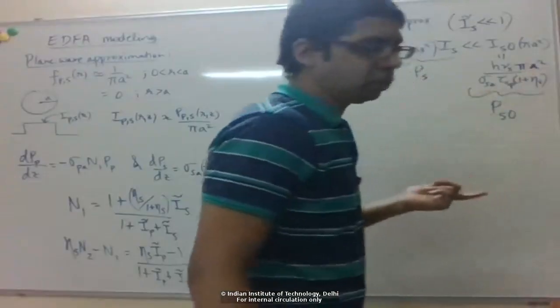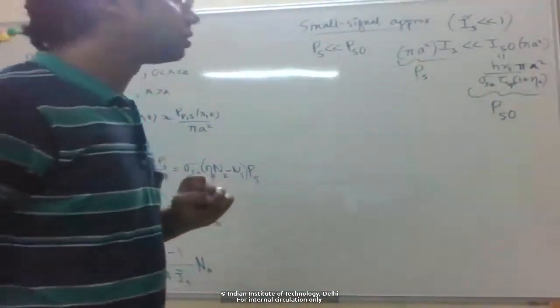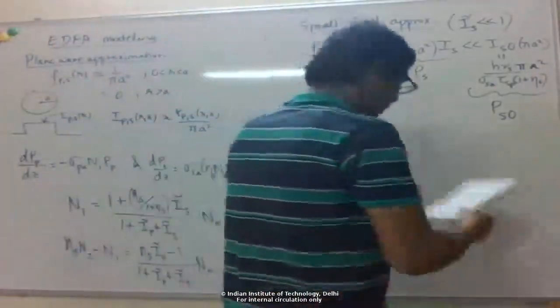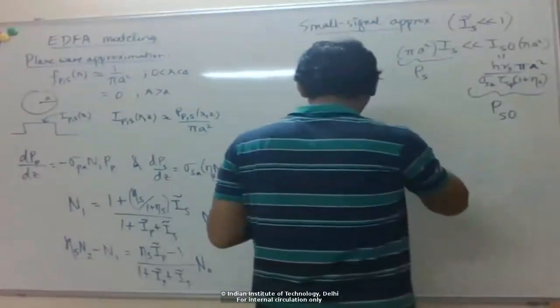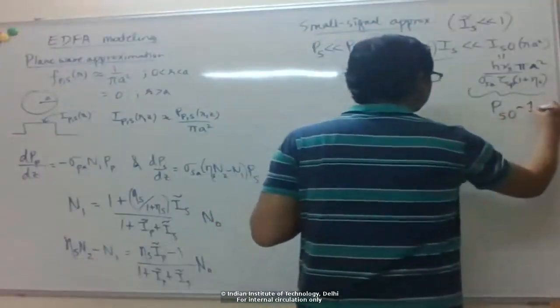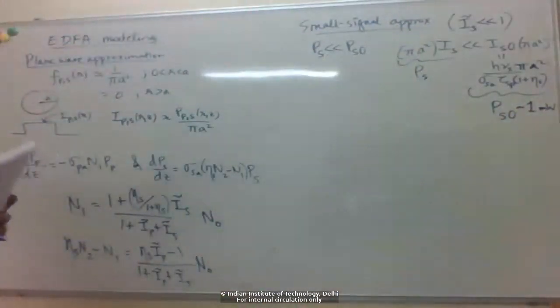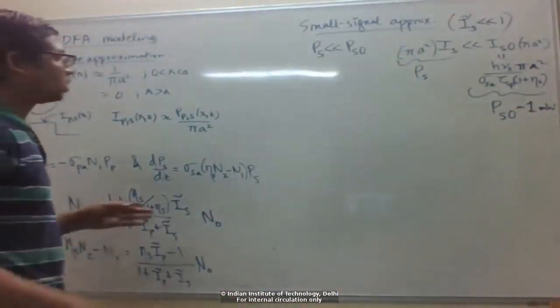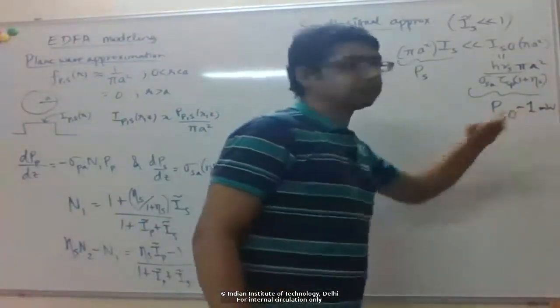Core size is typically a few microns, let's say 2 to 5 microns. If you put the numbers, this PS naught comes out to be about a milliwatt. So basically, the approximation we are making is that the signal powers are less than a milliwatt.